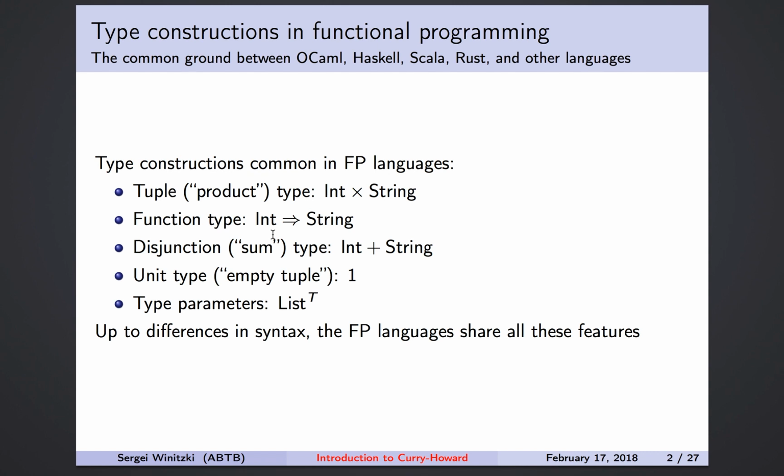So what are these type constructions? There are the tuple, the function type, the disjunction, or also called the sum type, the unit type, and the possibility of having type parameters.